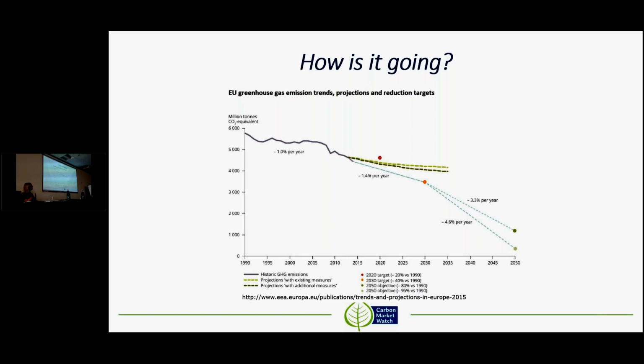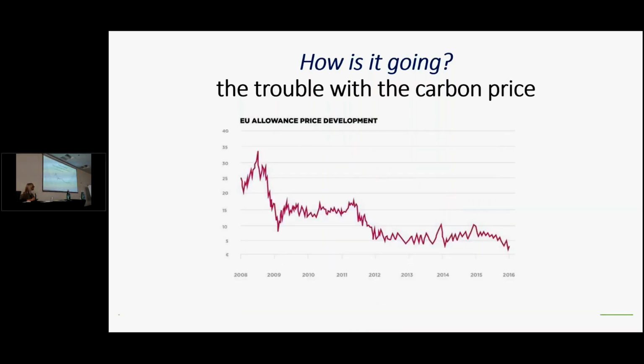So you can see, okay, we need to increase ambition. We need to make the system more stringent. We need to have a lower cap. So we need to fix what's there. We need to get rid of the problems in the system, like you just raised. We need to make sure that people cannot carry over allowances from one period to the other.